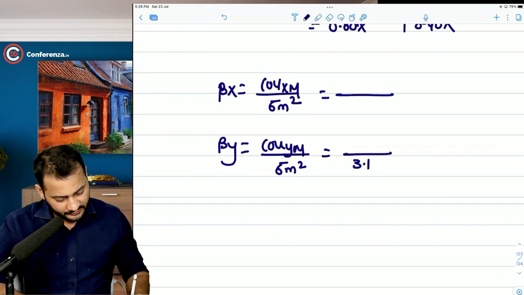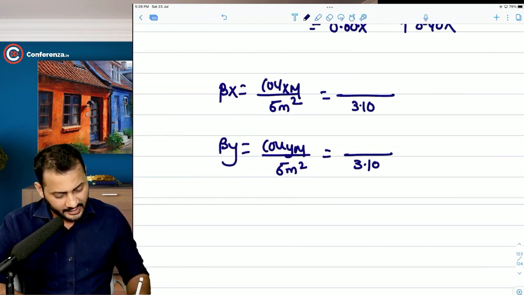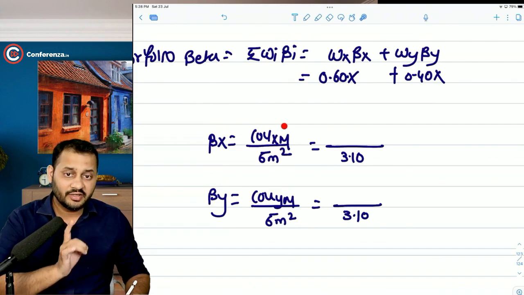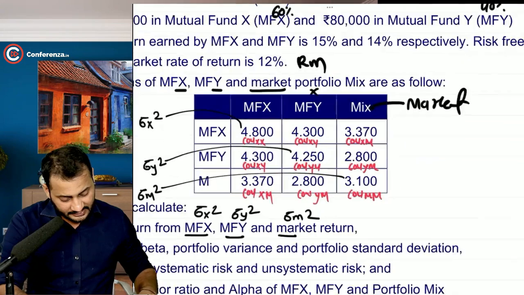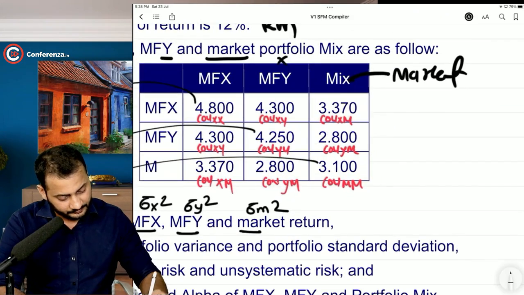Let's put the figures first. And can we find out covariance of X with M from the table? Yes, sir. Y with M from the table? Yes, sir. These are the two figures.